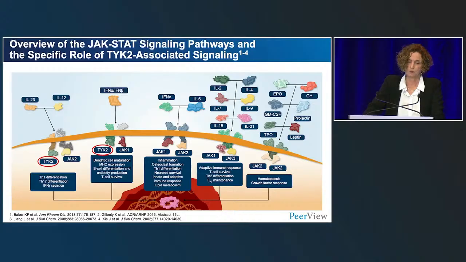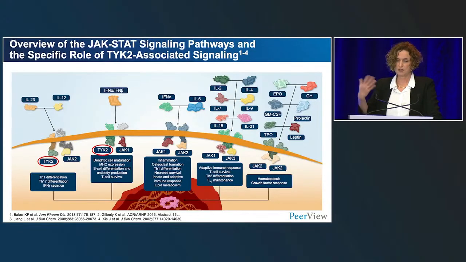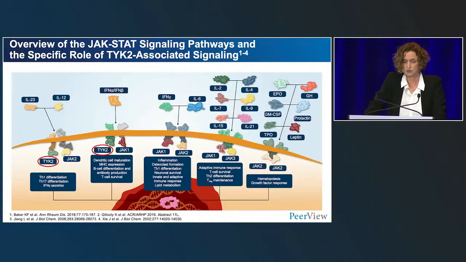TYK2 pairs with JAK1 or JAK2, and they transmit the signal of cytokines, including IL-23, IL-12, and type 1 interferon, into the cells, and from there they affect downstream actions of these cytokines like Th1, Th17, and other functions that are relevant to psoriatic arthritis.